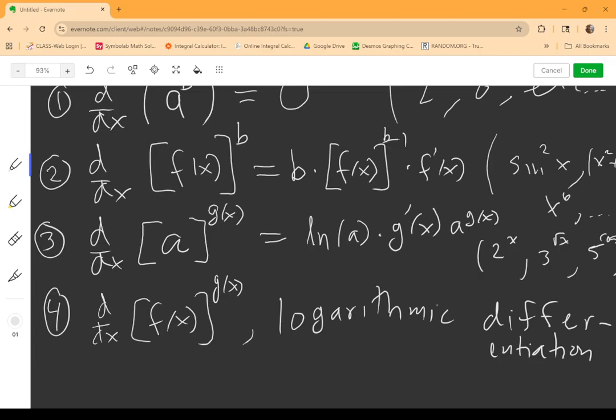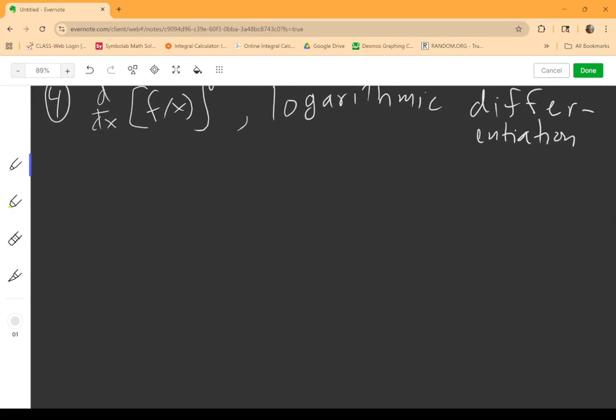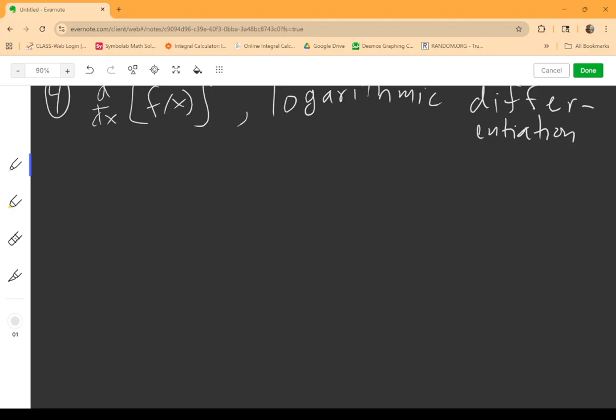Okay, so it really depends on what f of x and g of x are, what the form will look like. So let's actually do an example. We've done examples of those previous cases, but that fourth one is going to be something new, right?